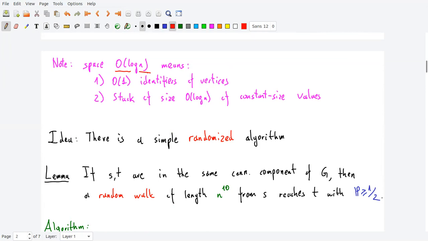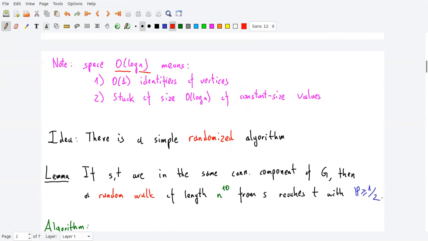They are labeled with numbers from, say, 0 to n minus 1, and therefore storing one vertex takes up to log n bits. So in logarithmic space, I can only store a constant number of identifiers or vertices. So this is very restricted.